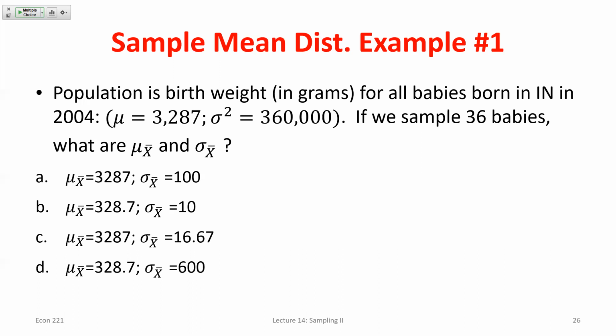I also know that the variance of my sample means is going to be the original variance divided by my sample size. So if I do that, we get 10,000. However, I want the standard deviation, so that's going to be the square root of 10,000.